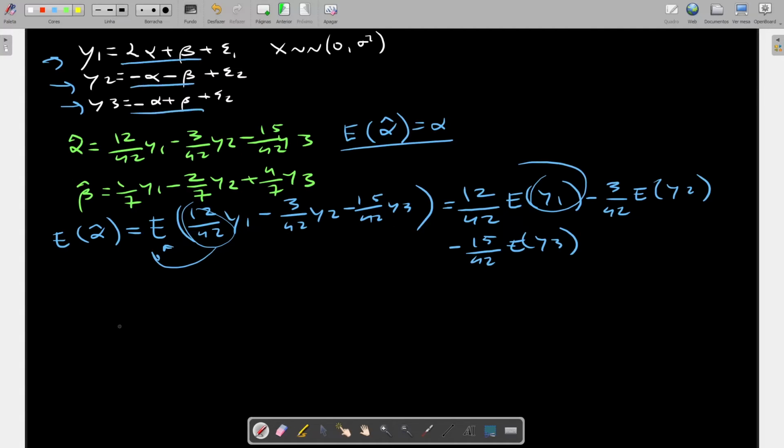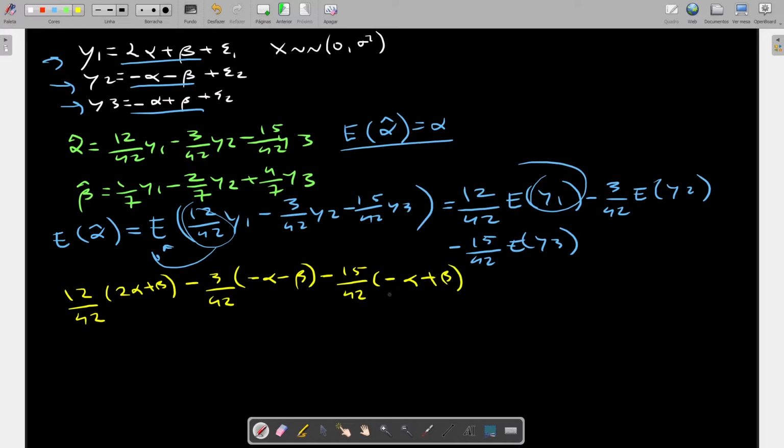So let's do that. So you have 12 divided by 42 times 2 alpha plus beta, minus 3 divided by 42 times minus alpha minus beta, minus 15 divided by 42 times minus alpha plus beta. So this is E equal to this.